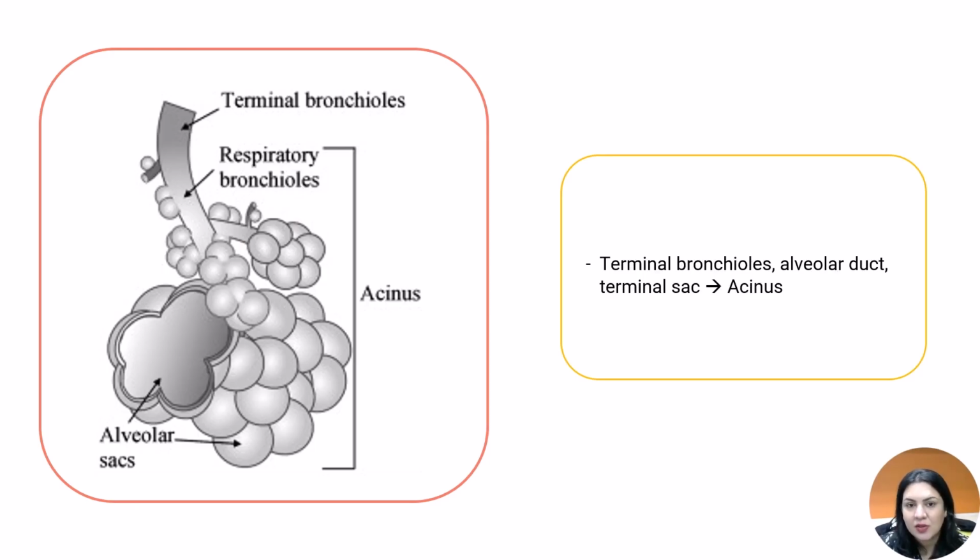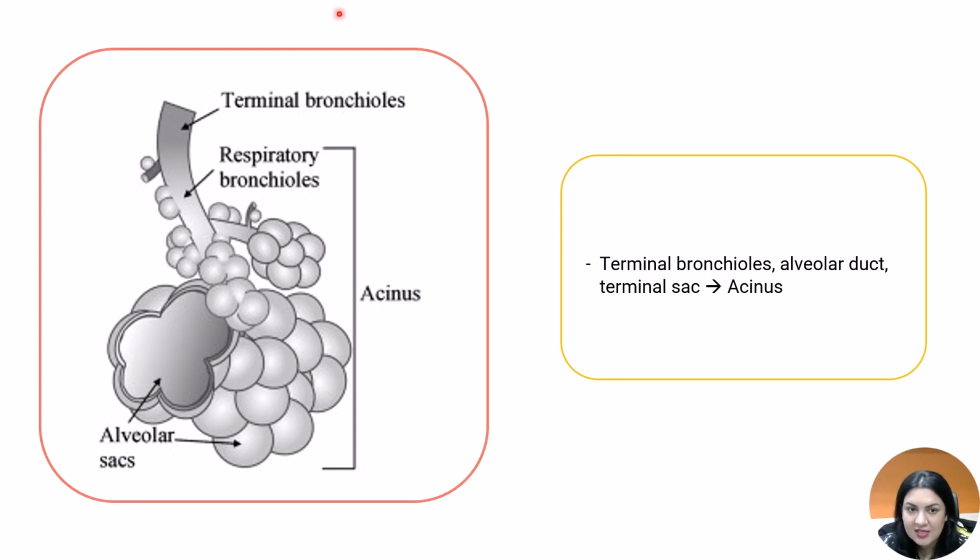And then as we start to go on with this stage, we see that these canals or tubes start to branch out a little bit more, and as they emanate out from these terminal bronchioles, they constitute the formation of a specialized group of structures or units known as the acini, singular being acinus.